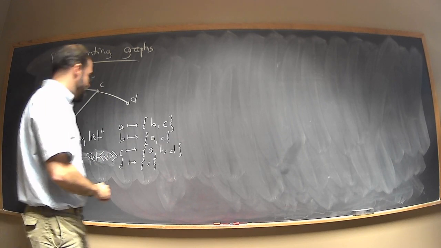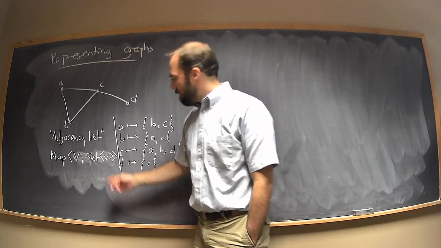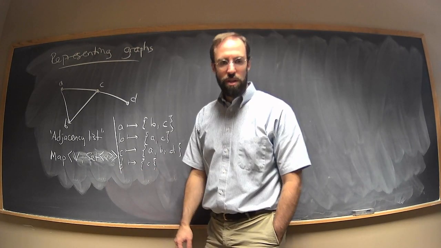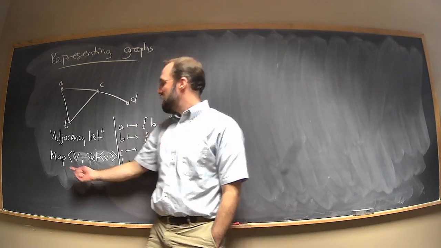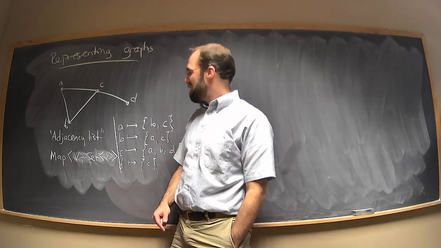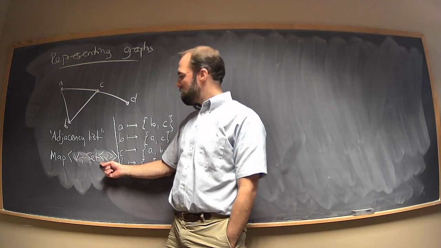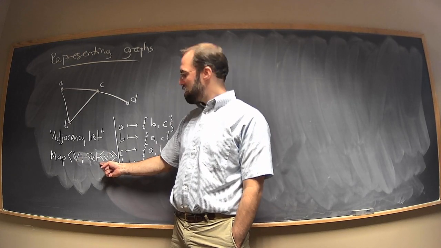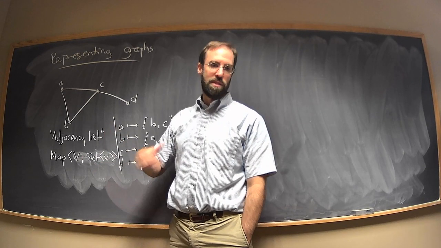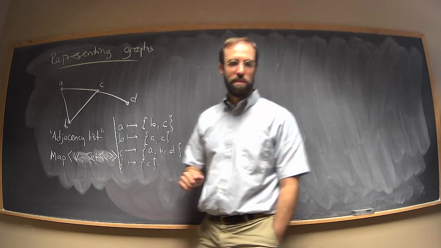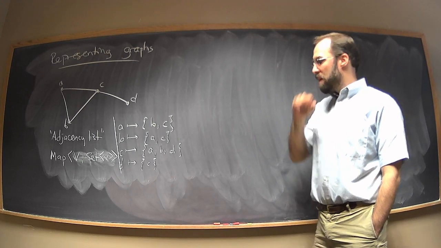This is Java-esque notation, I guess, but it just means it's a map or dictionary, right? The keys are vertices, and the values associated with the vertices are the set of vertices that are adjacent to each vertex.